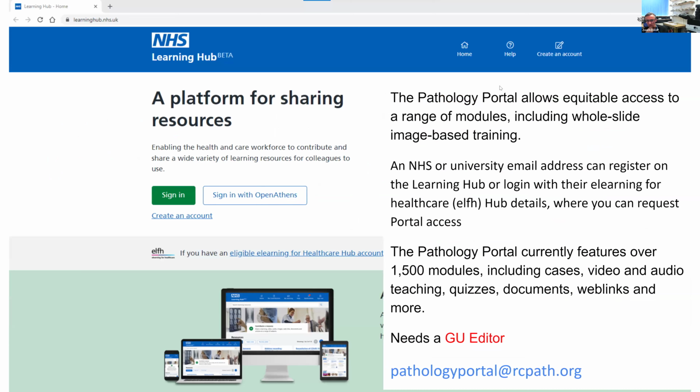The skin EQA is being hosted on the pathology portal by the RC Path, which we would probably look into, because it does save a bit of cash. It's quite user-friendly, I believe you said? Yeah, they've managed to get it so you can do a direct link from EQA Lite. Okay, now we will look in.